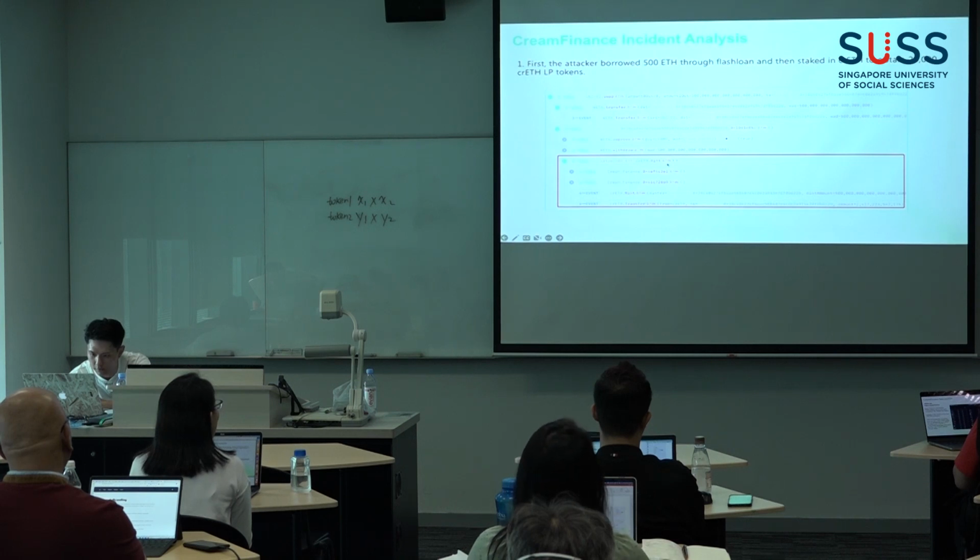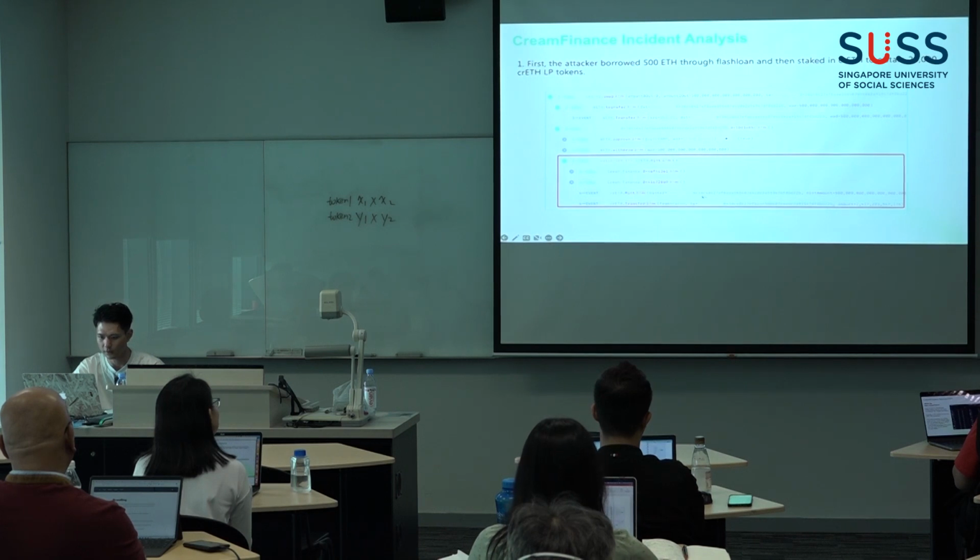So first he borrowed 500 ETH, and then he staked it, so he got the CR/ETH, and then it's being staked to get LP tokens.